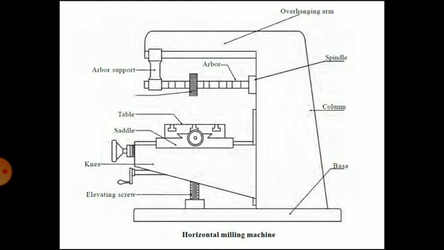The front end of the spindle is provided with a taper hole into which the taper shank of the arbor may be inserted. So the taper shank of the arbor is inserted into the taper hole in the spindle. When the spindle rotates, your arbor also rotates so that the cutter rotates.